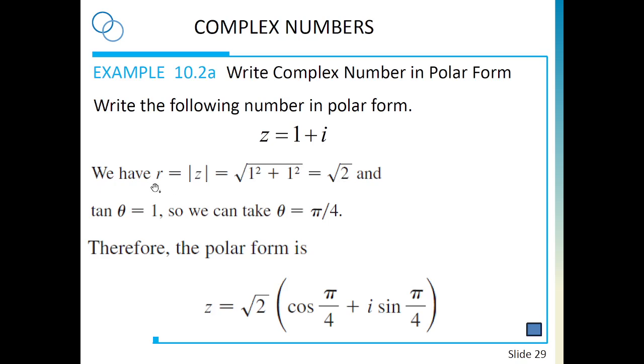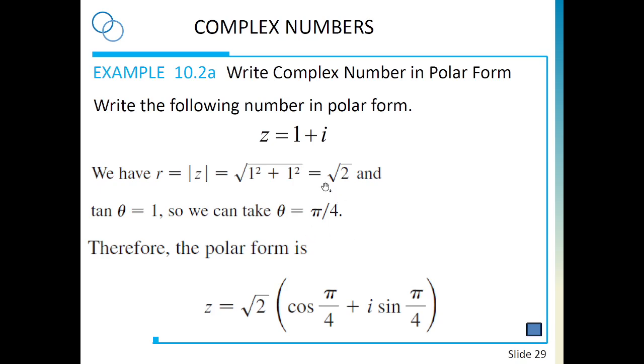That's the r, the modulus. Now what is important is to realize that this complex number is in the first quadrant, because we have plus 1 and plus 1 here also. When we look for the angle, we know that tan of the angle is b over a, so 1 over 1, which is 1. When we do tan inverse, we need to take the angle that is in the first quadrant, which is pi over 4.